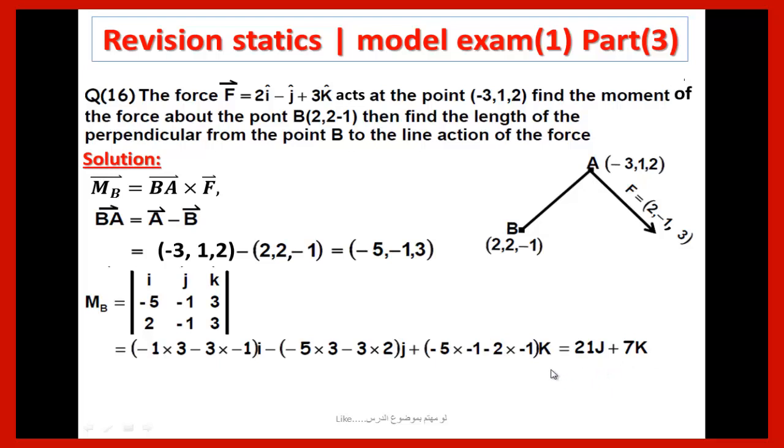The second required is to find the length of the perpendicular. It equals the magnitude of the moment about B over the norm of the force F. The norm of the moment about B is the square root of 0 square plus 21 square plus 7 square, because the component in the direction of i does not exist, it equals 0.